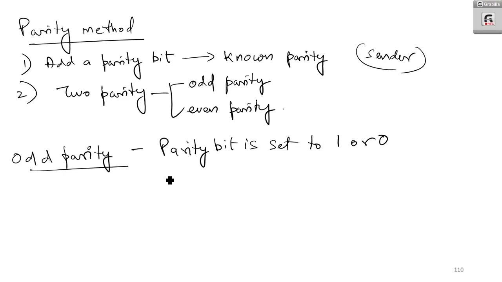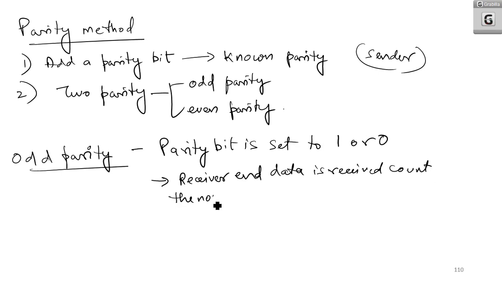Now, at the receiver end, when the data is received, count the number of one bits, including the parity bit.